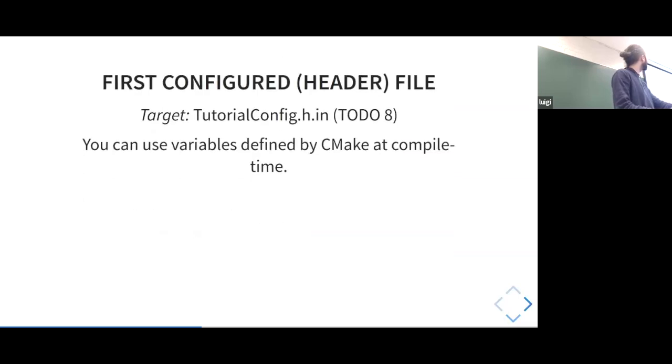Here, I have the file tutorialconfig.h.in. The .in files are ingested by CMake to produce their version without the .in. So here it will be converted into a file that is named tutorialconfig.h.